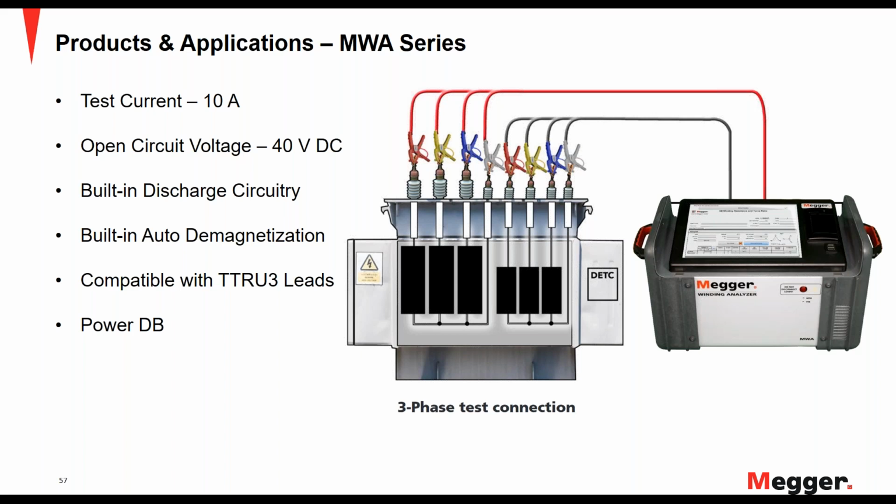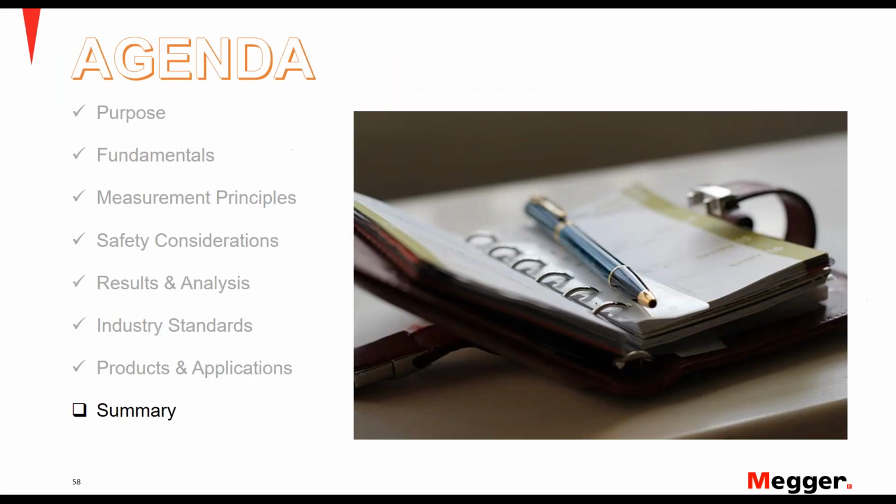But with newer technology, auto demagnetization has become completely within the test instrument. Of course, the leads for the MWA are compatible with the TTRU3 leads, so you can have the lead set for the TTRU3, and you can also use those same lead sets with the MWA. Of course, it has PowerDB to document your test results and can be remote controlled from PowerDB.